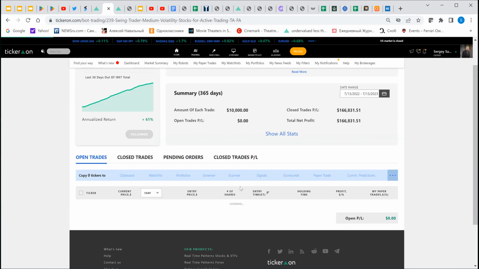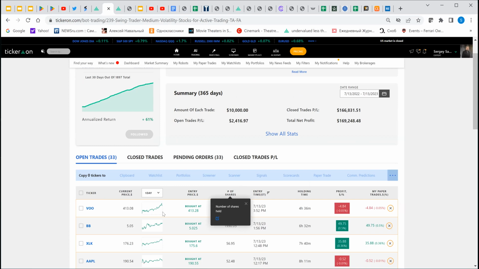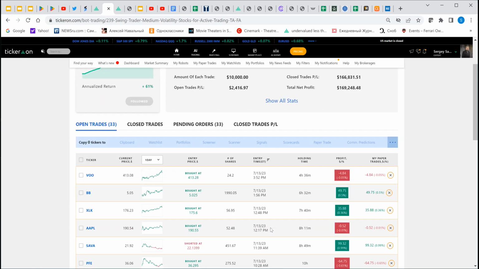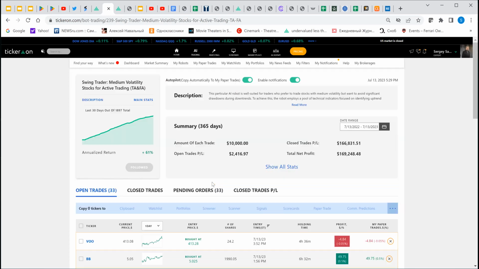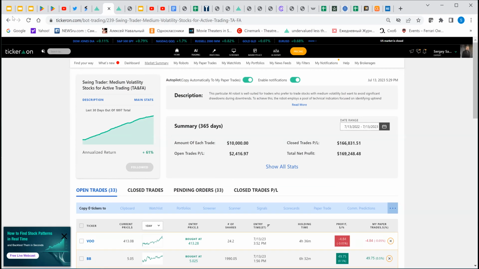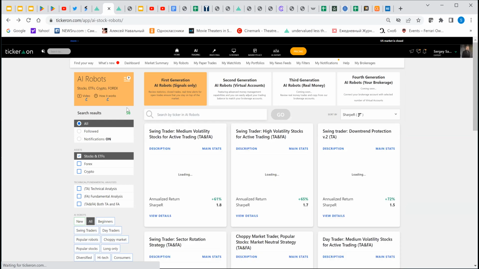You pretty much go here, and this is a page with lines, as if it is your brokerage account, where you view all entries and all exits, and then you pretty much follow the line. So that means you have two options: either create your own robots using the combination of fundamental analysis and technical analysis with patterns, or you can find a suitable robot right here on this page, okay?